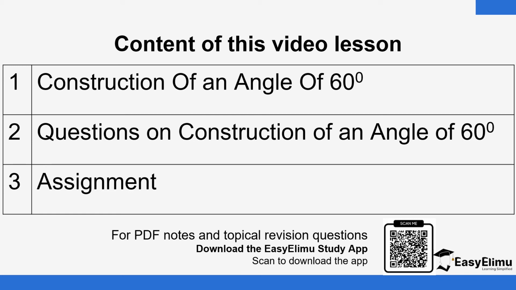Remember, from the time we started these concepts on geometry, if you've been following through our videos, you realize that we've been focusing majorly on how you construct angles without using a protractor, using a ruler and a pair of compasses only. So that is going to be the focus of this lesson, how to construct 60 degrees using a ruler and a pair of compasses only.